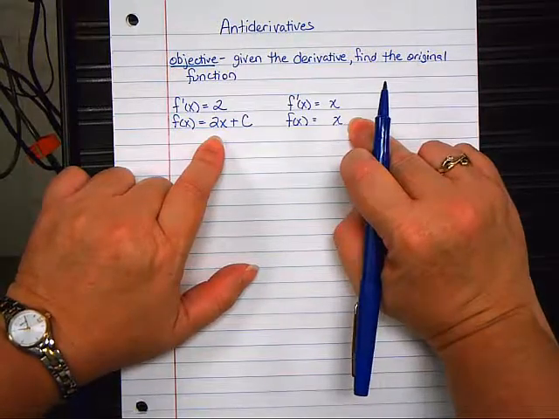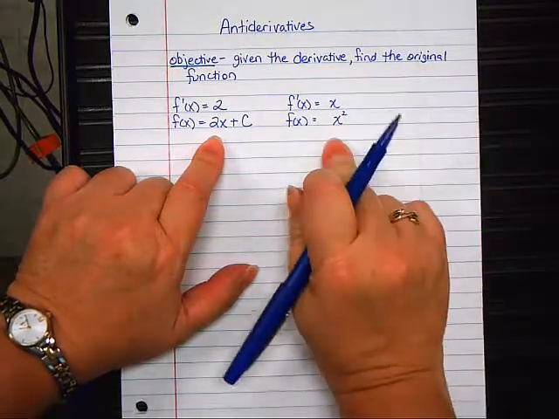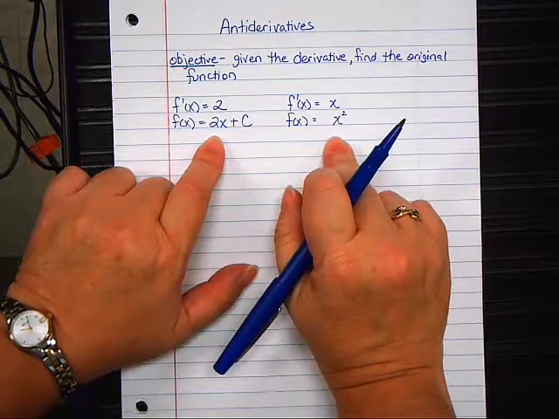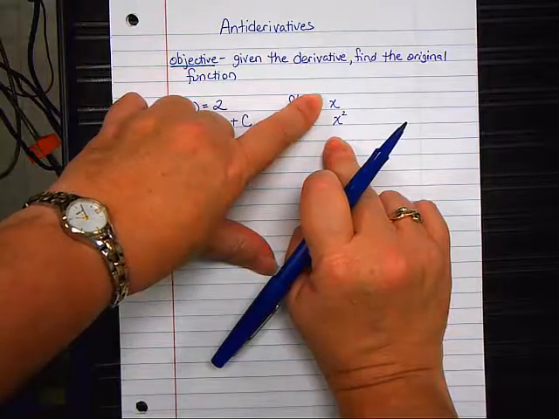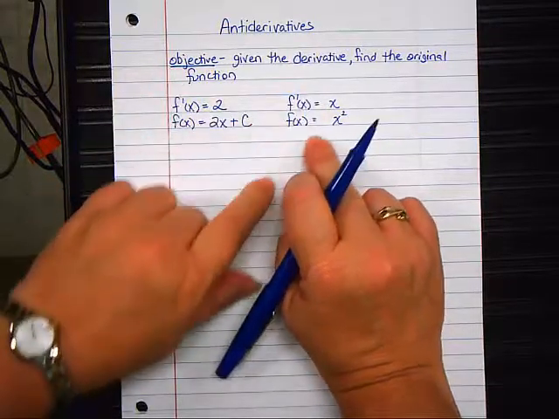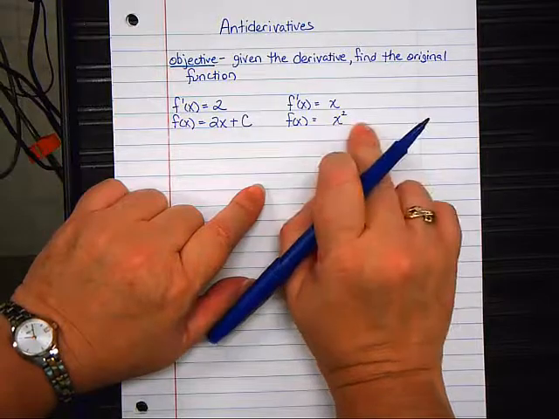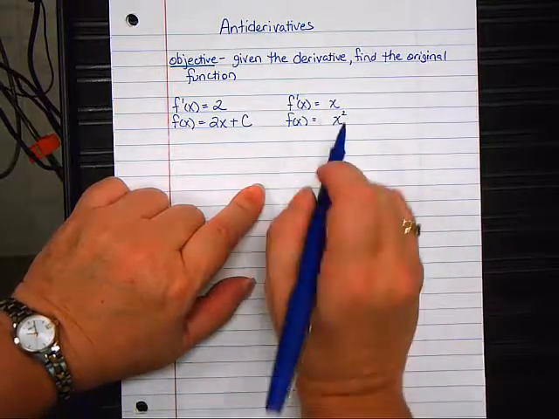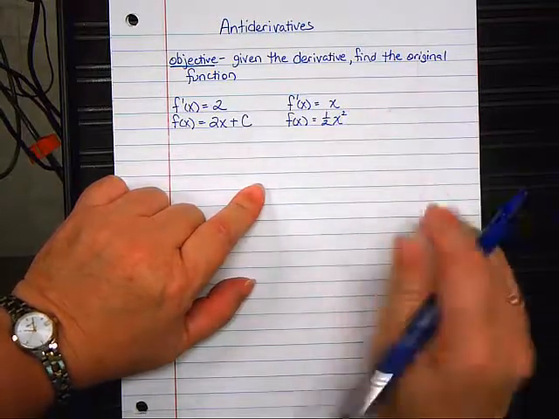Do you agree with me? But if you just had x squared and you took the derivative of that, that would put you back at 2x. And I don't want 2x, I want x. So what needs to be in front of that squared so that when I bring the power down, I don't get a 2 there? I need to have a 1/2 right there, don't I?